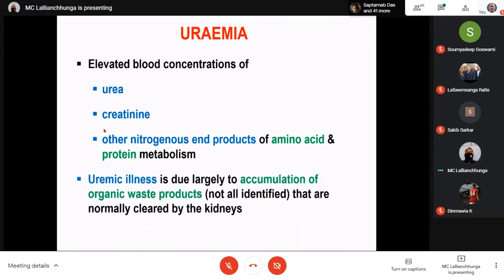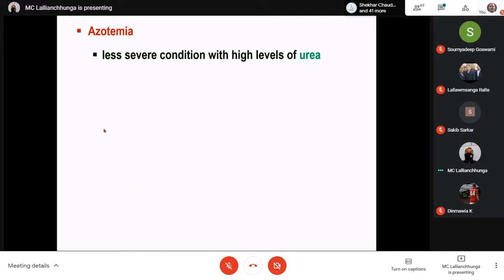Okay, so uremic illness is due largely to accumulation of organic waste products that are normally cleared by the kidney. What is azotemia?